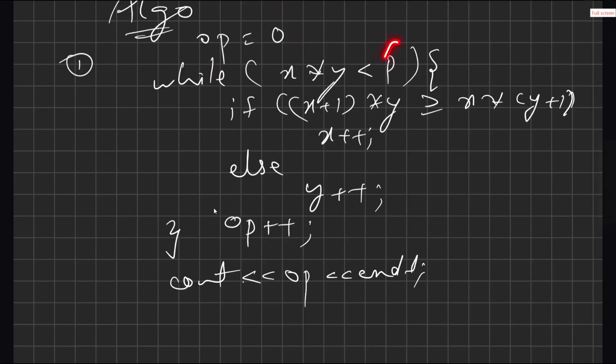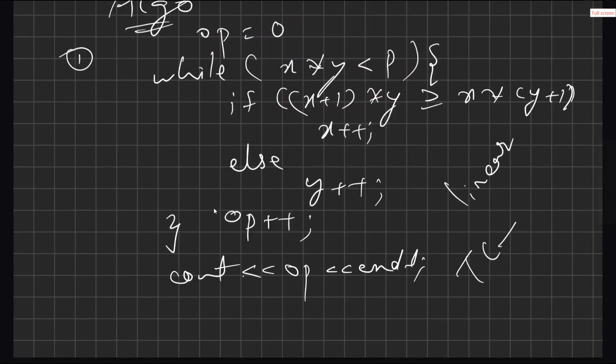In order to reach the product p, you'll be increasing either x or y. So the time complexity is basically linear, and the space complexity is constant. We are not using any extra space.